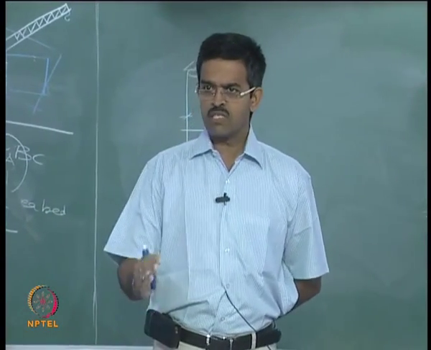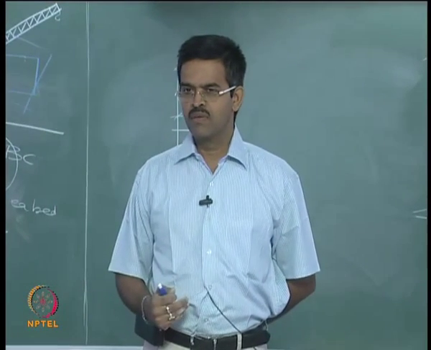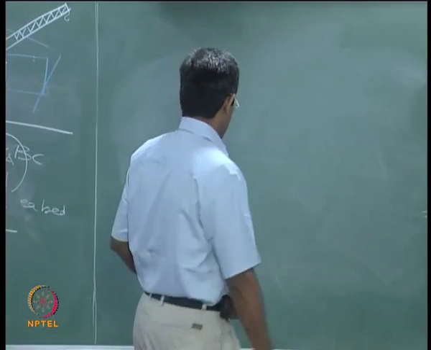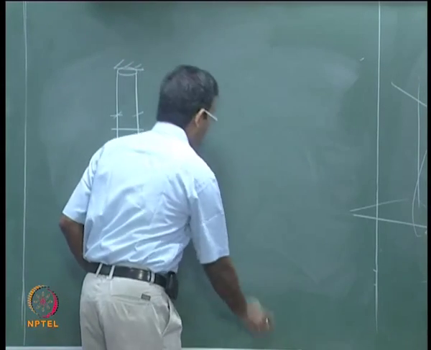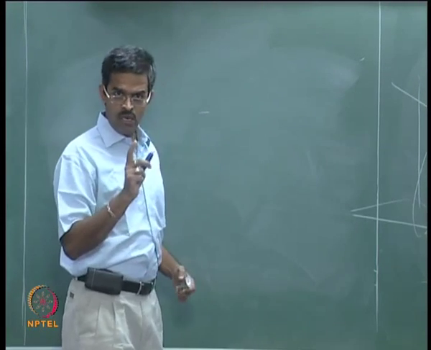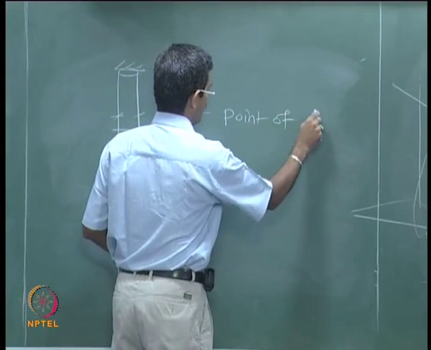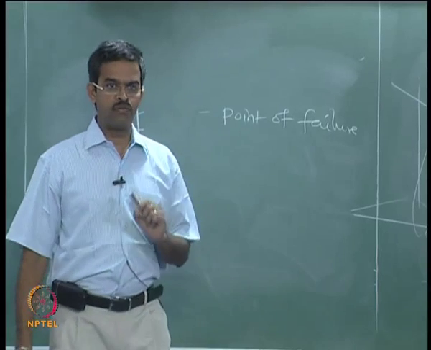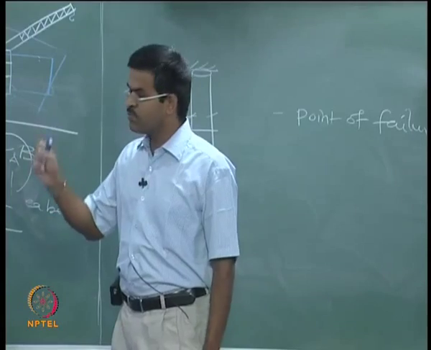I have a very serious structural demerit in this problem or in this form. What is the demerit? Very serious demerit. The demerit here is I am deliberately introducing a point of failure. The point of failure obviously in the structural system will be the connection points of the cable.